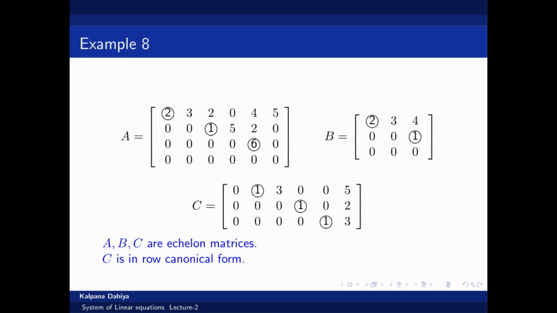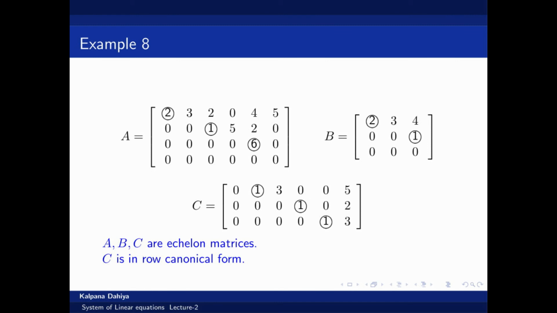Now consider matrix C. This is in echelon form because the first two conditions are satisfied, although there is no row having all entries as 0. Now here 1, 1, 1, you can see the circled terms. These are the pivot elements, all of them are 1. Now if we see the second column, it has a 1 as pivot element and all other entries in the second column are 0 except the pivot element 1.